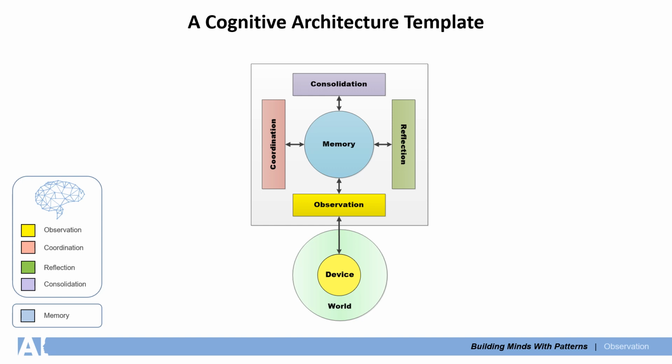The observation components are also responsible for communicating with the device's actuators, which perform actions in the world. We also see there are coordination components, which update the memory with new inferences. The reflection components are responsible for changing the overall behavior of the system. And finally, the consolidation components are responsible for ensuring that the memory does not exceed its available capacity.